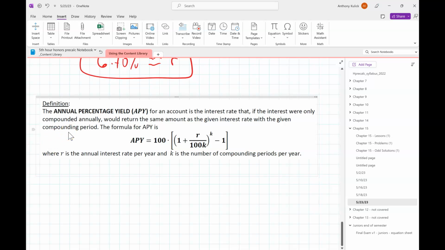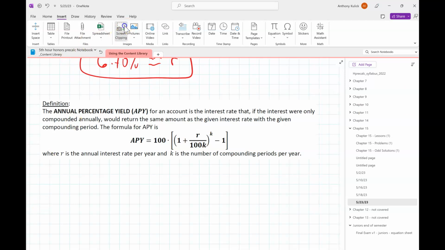So it's just a way to compare two different scenarios: I have this interest rate with this number of compounds, and I have this interest rate with that number of compounds. Which one is really better? I'll just convert both of those situations to an APY and pick the one that's bigger, right? That's the idea. So this is our formula for the APY, which is exactly what we ended up doing, right?